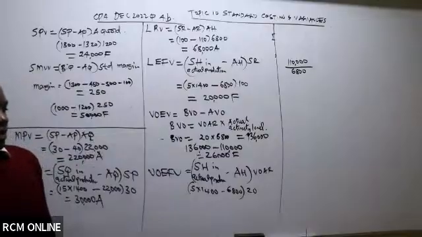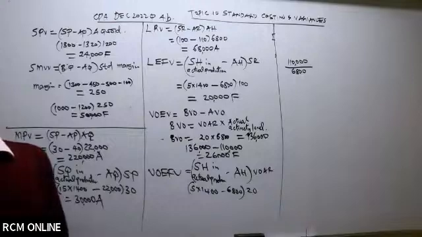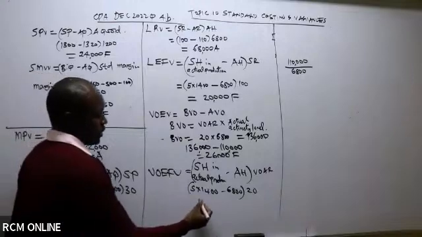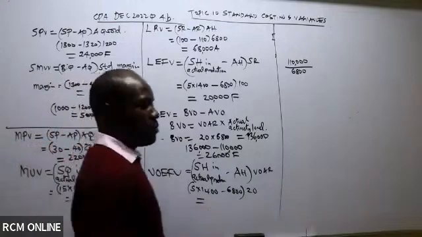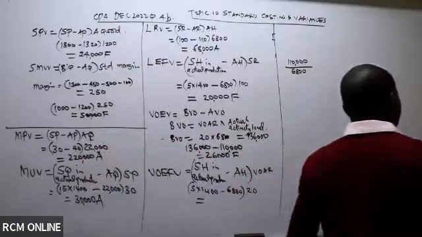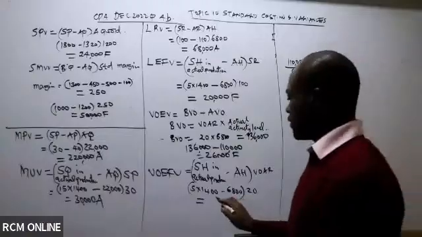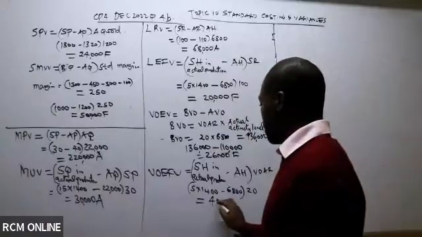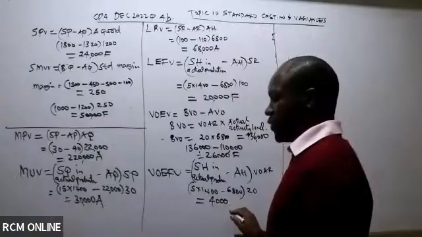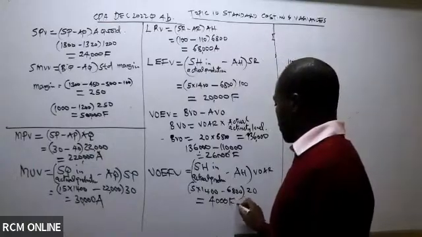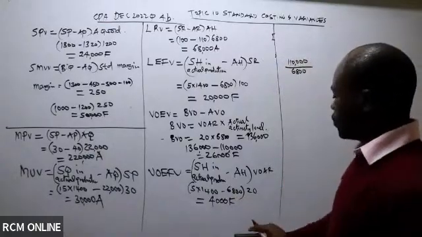Is it 4,000 favorable? Yes, 4,000 favorable. Thank you. Let's go to the next thing.